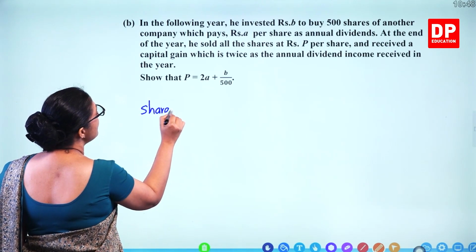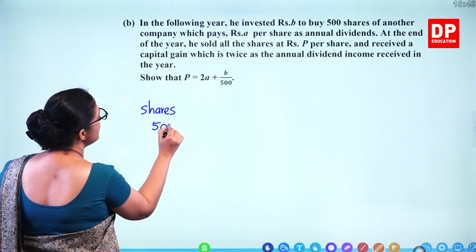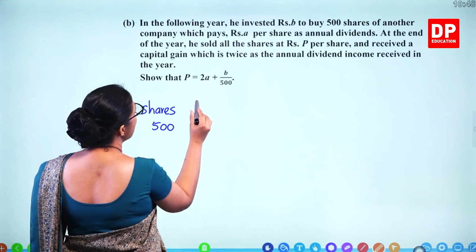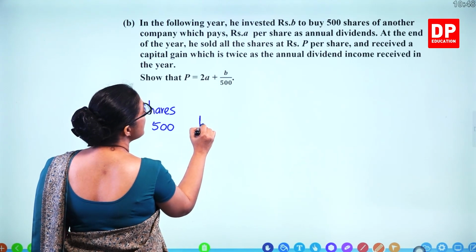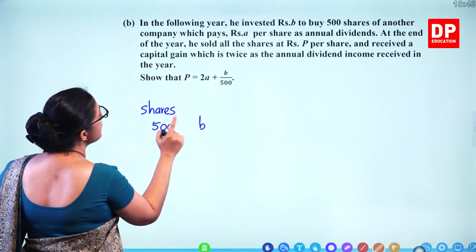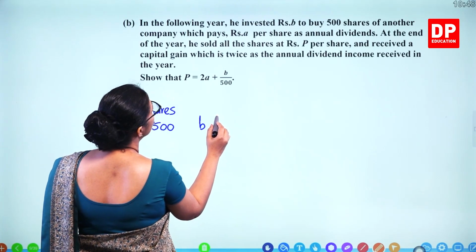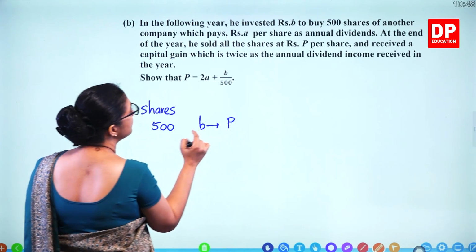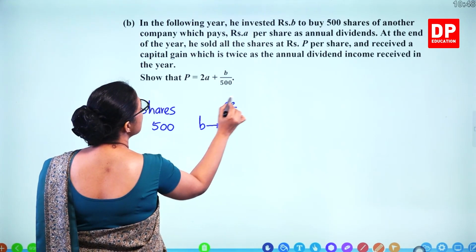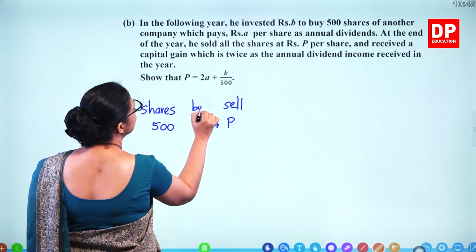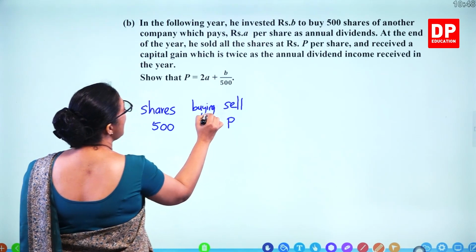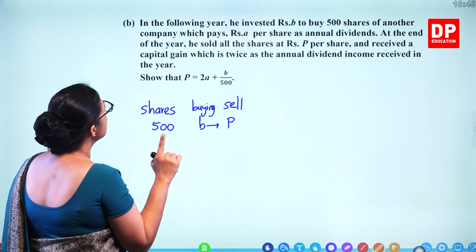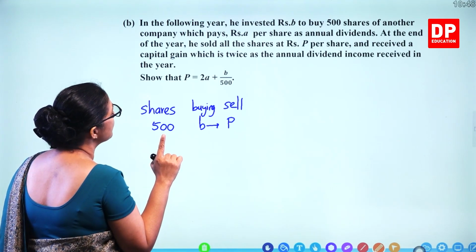So we'll write down number of shares 500 and this is the buying price B and the selling price. Selling price capital P. Selling, buying. And then the dividend per share is A rupees.